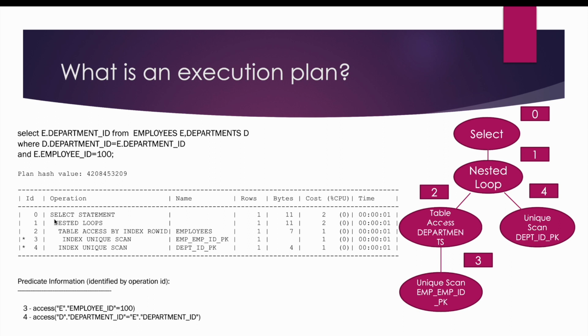Now 1 is the child and 0 is the parent for operation number 1. So after 1, operation number 0 will get executed. So this is how you can quickly read the order of operation by determining which operation is the topmost and also the innermost operation. In this example, operation number 3 is the topmost and innermost child operation. We will see some more examples of reading the execution plan using the second method in the forthcoming slides.